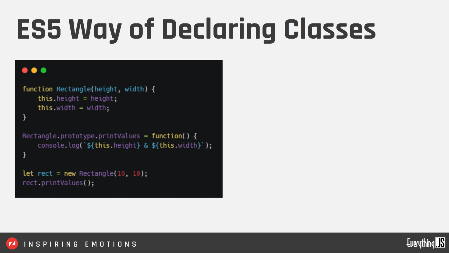Before going to that, JavaScript is not a pure object-oriented programming language. It's more like an object-driven programming language. So we can't say this is a class; this is a way of representing a class in JavaScript.